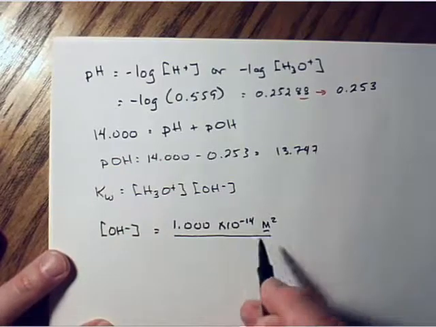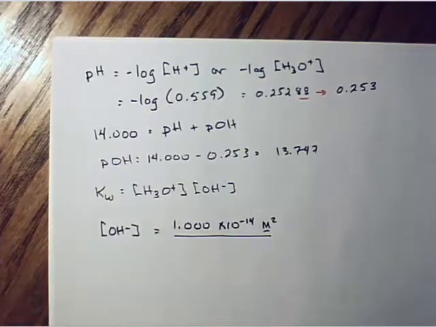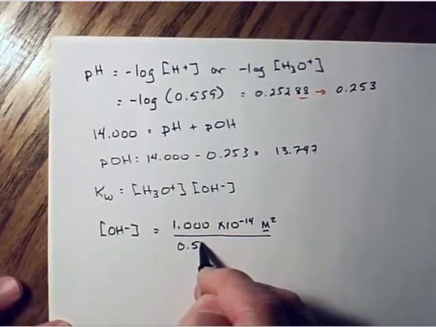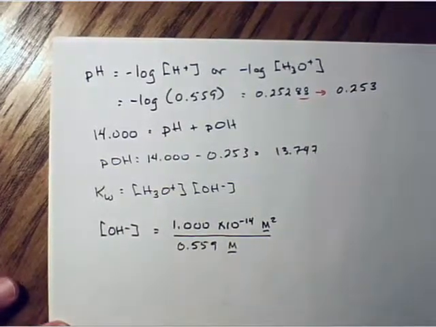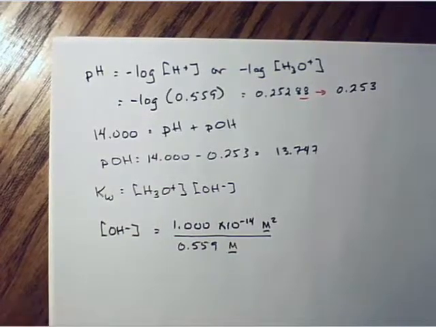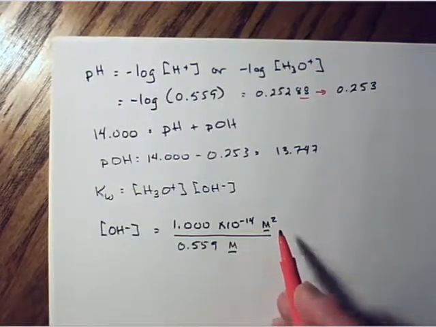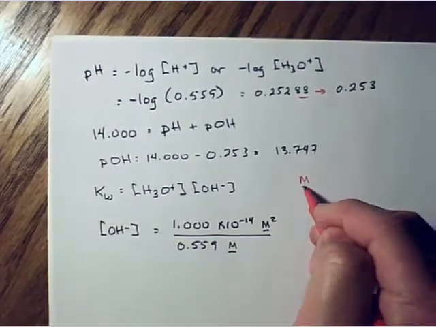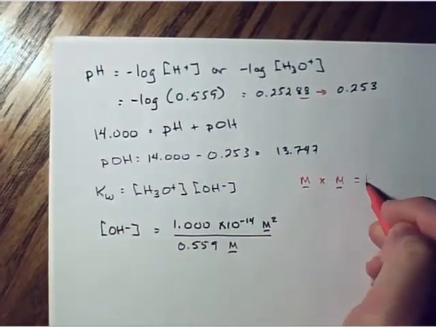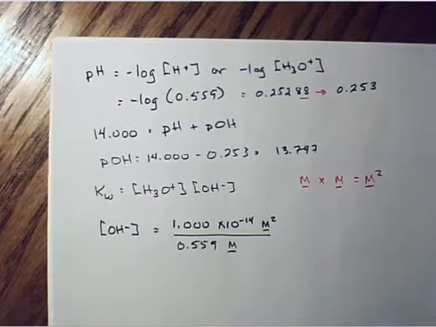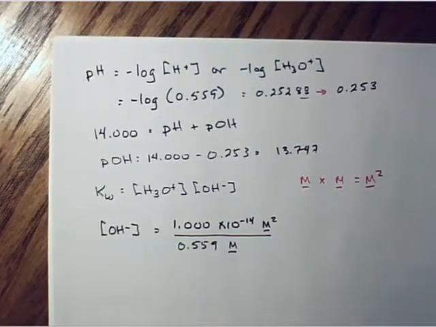And the hydronium ion concentration is 0.559 molar. Now let's look at units here, because we want to cancel units using dimensional analysis. Molar squared is the same thing as molar times molar. Would you agree with that? Anybody have a problem with that? That's what squaring something means.